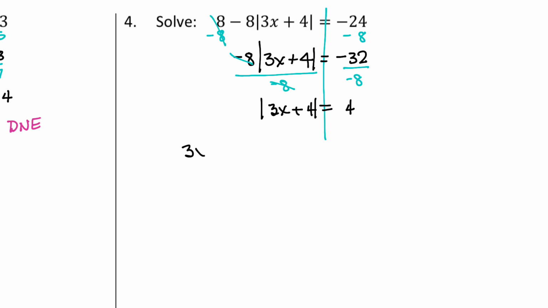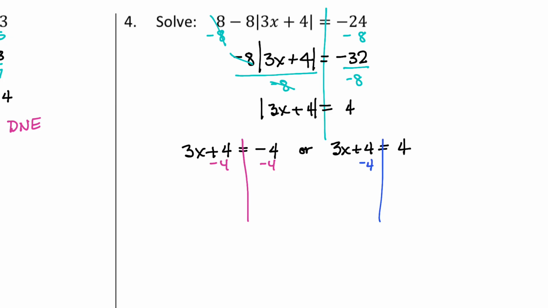So the left is dropping the absolute values equaling a negative number, or the right is dropping the absolute values and equaling a positive number. Now I've watched some students show their work on both of these, and because they're doing the same steps, they do them both at the same time. I think that's kind of funny, but if you're wanting to do it like this, that's fine.